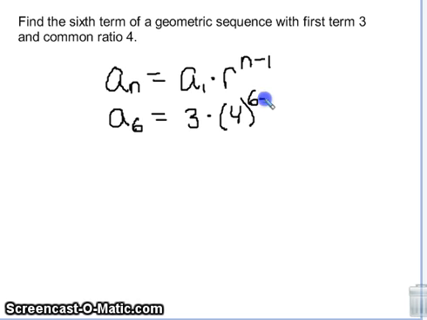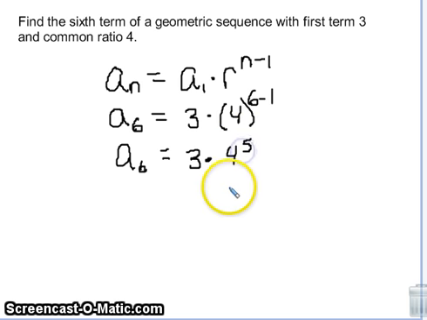So it's 6 minus 1. Using order of operations, what do I do first? So I have to simplify that to 5, right? What's 4 to the 5th?